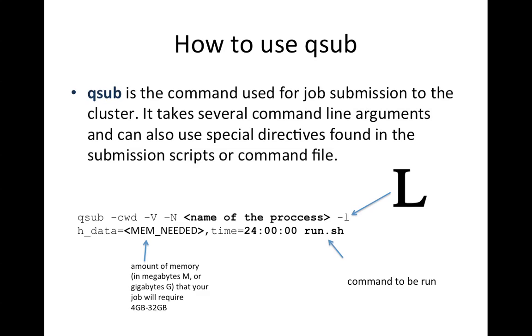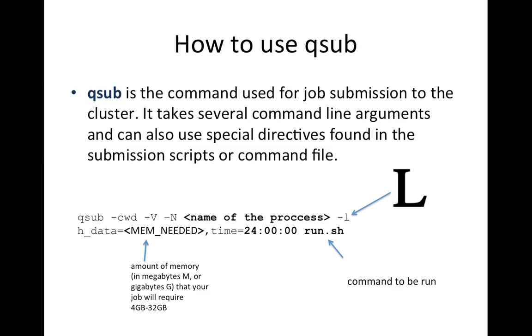Okay, so let's look at the qsub command, which will be used to run the particular job on the cluster. There are many options, which I don't think you should care much about. I highlighted in bold the ones you will be changing every time. Those are the name of the process, which is really important, because when you submit the job, you will be able to track it in the queue.